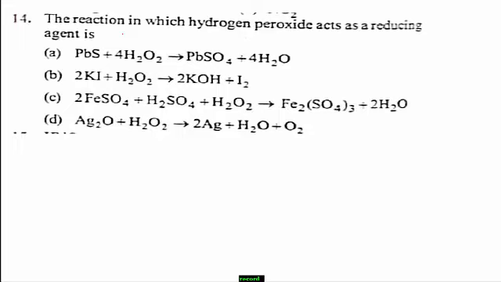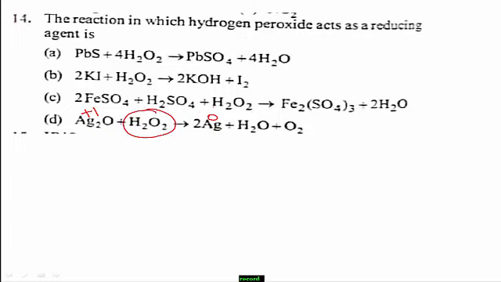Students, among the given reactions, in Ag2O the oxidation number of Ag is +1. In Ag, the oxidation number is 0, and on the product side only Ag is given, so here it is 0. A gain of electron is observed, which means H2O2 is reducing.